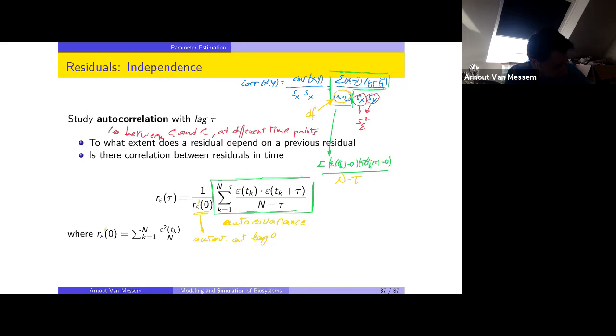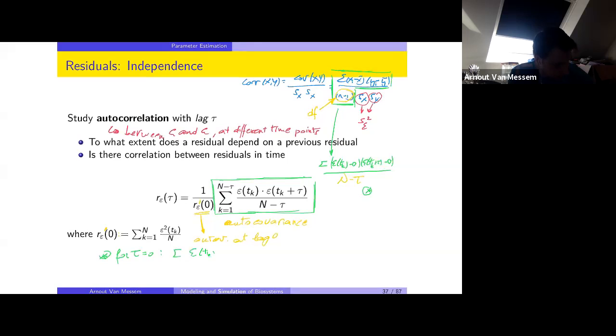Here you take this formula for tau equal to 0, and you get the sum of epsilon tk squared divided by n minus 0.